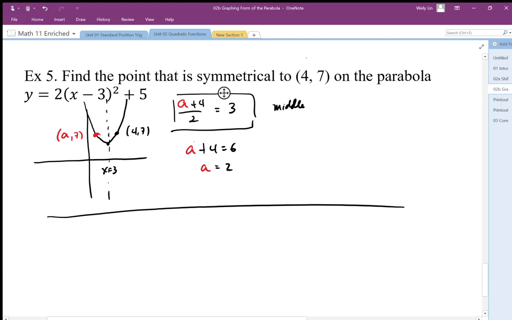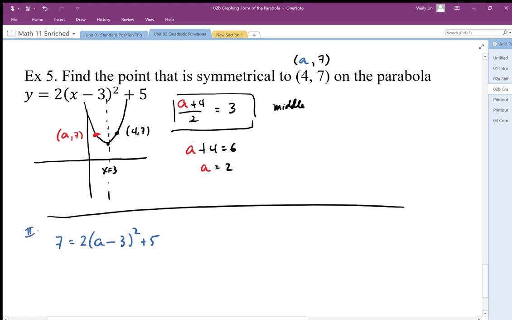We want to say, well, there is some coordinate (A, 7) that is on this parabola. Then we can plug that coordinate in. I'm just going to do this in green here. I'm going to say that A and 7 are on this graph, so y equals 7, x equals A.